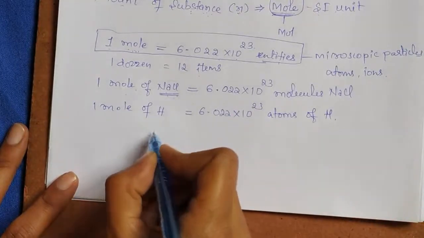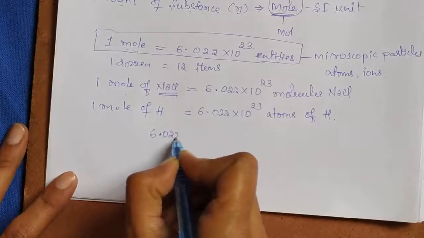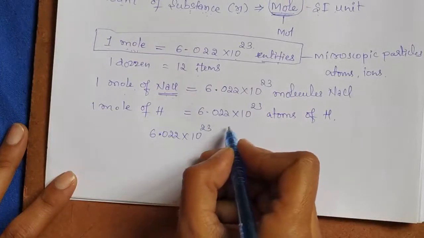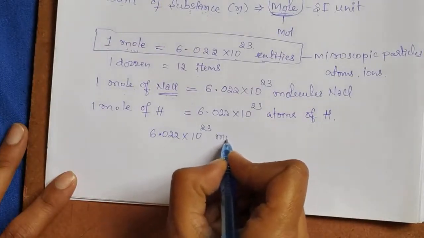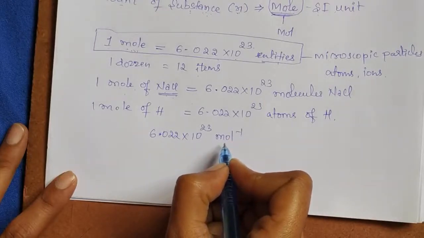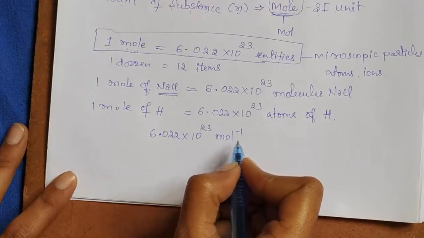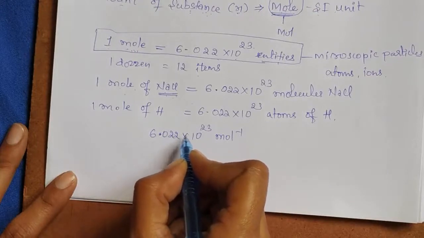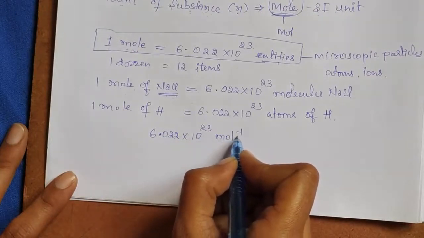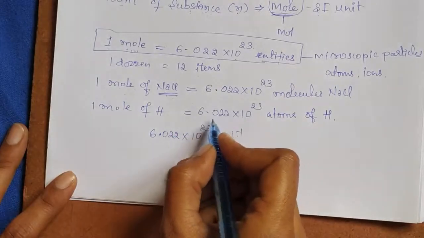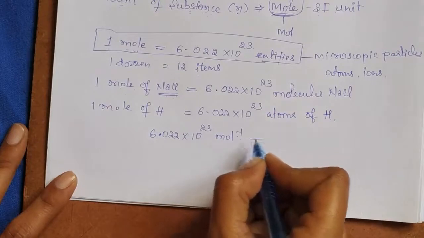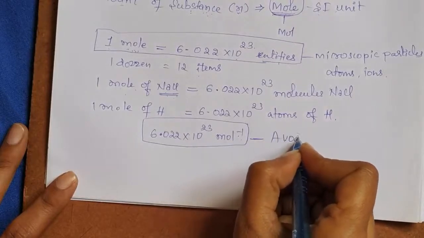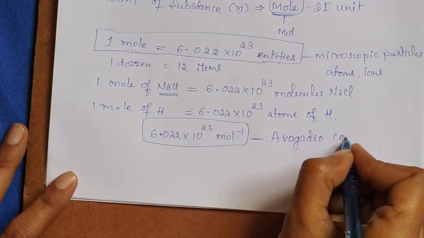Children, this numerical value, 6.022 into 10 raised to 23, when it is expressed in the unit per mole, that is, 6.022 into 10 raised to 23 per mole, is said to be the Avogadro constant.